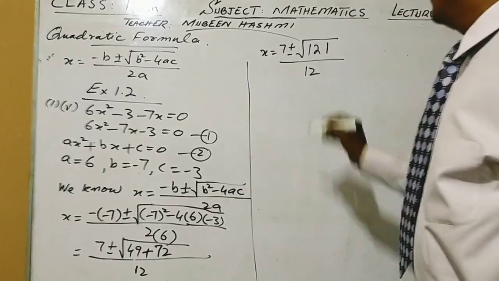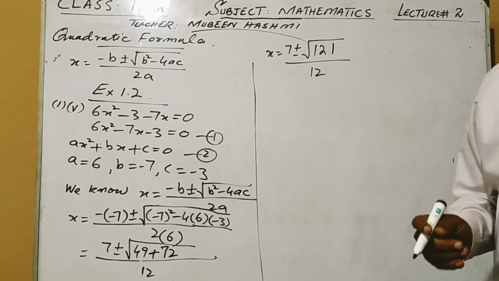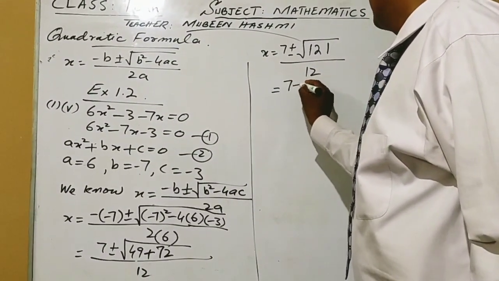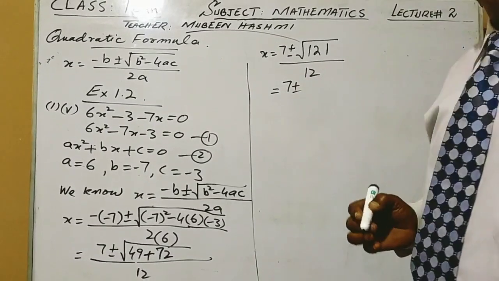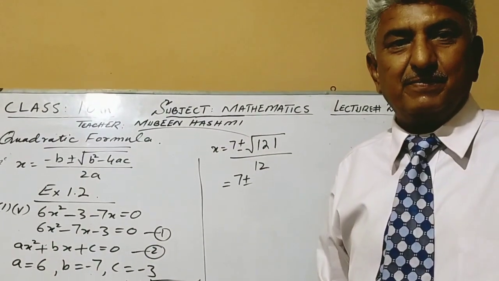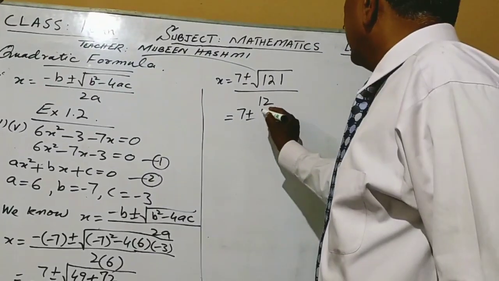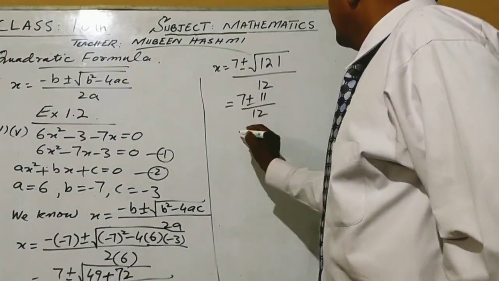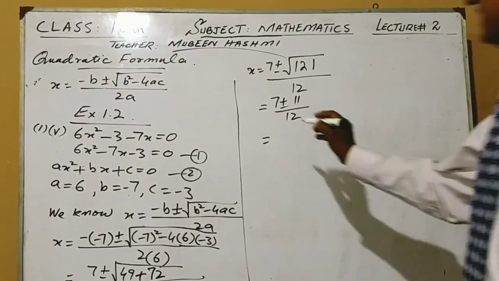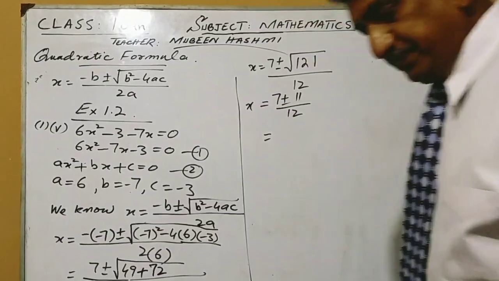Okay, is it clear? This is 121. Okay, very simple. 7 plus minus, and you know that the square root of 121 is 11. And now you get x is equal to this one.